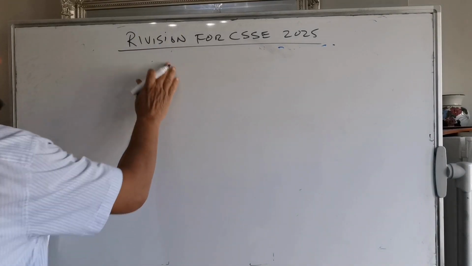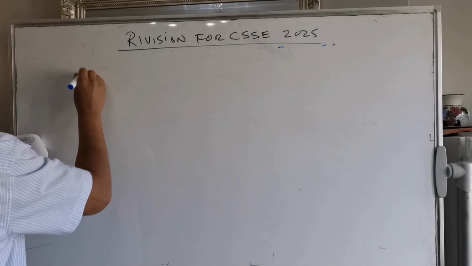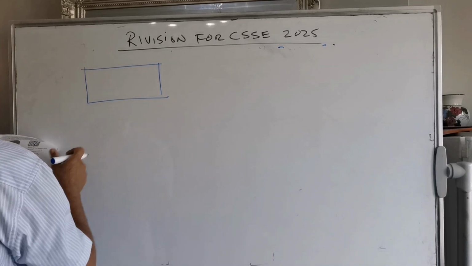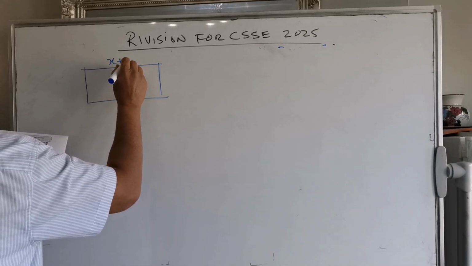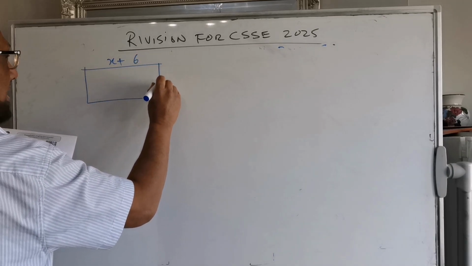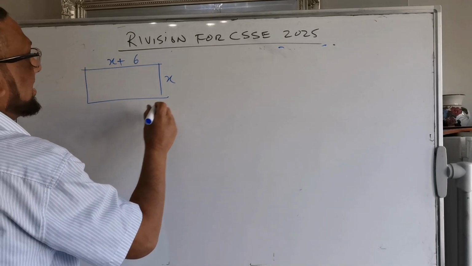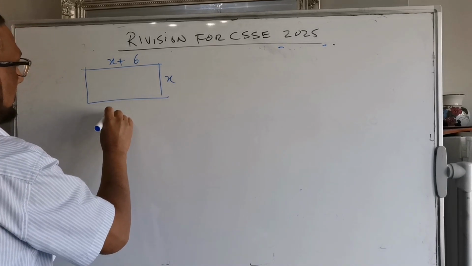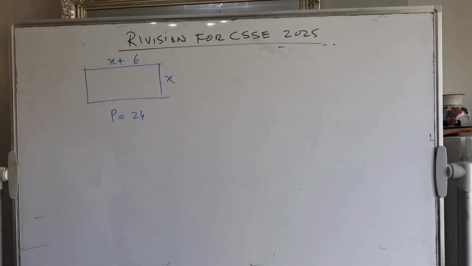Okay, so this one is given, it says there is a rectangle. Its sides are given as x and x plus 6, and its perimeter is given as 24. Pause the video and try to solve this one.